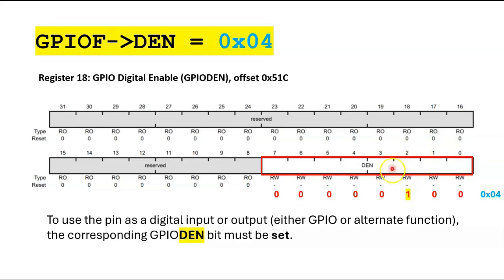Like mentioned a few moments ago, we are interested in this bit, so this bit is set for digital function. In fact, this is the output. If we translate this binary pattern to hexa, it would be hexa 04. Hence, hexa 04 is assigned to this DEN register.